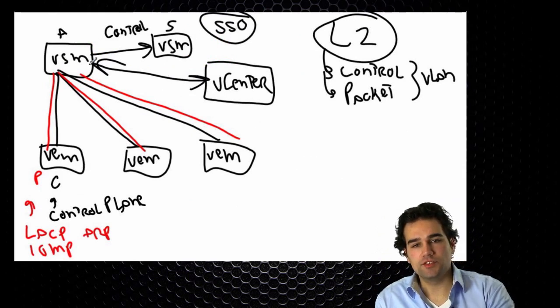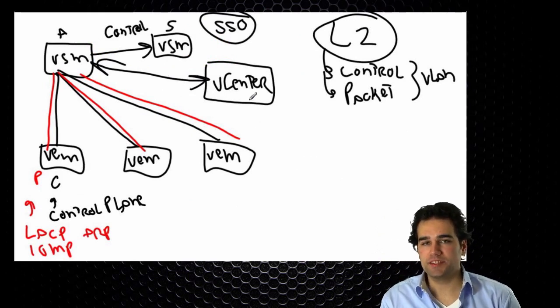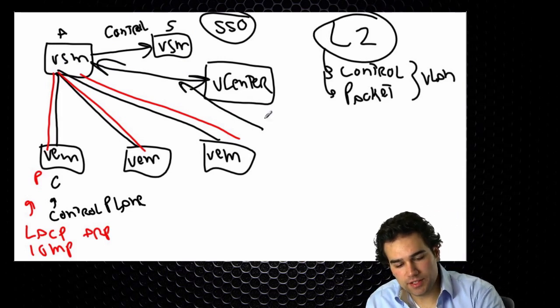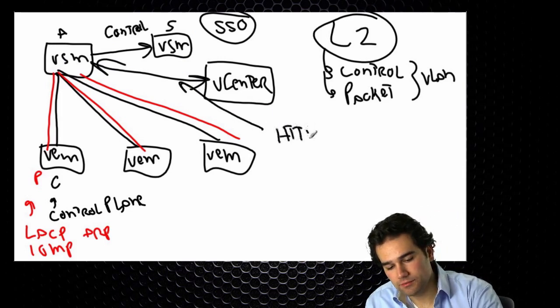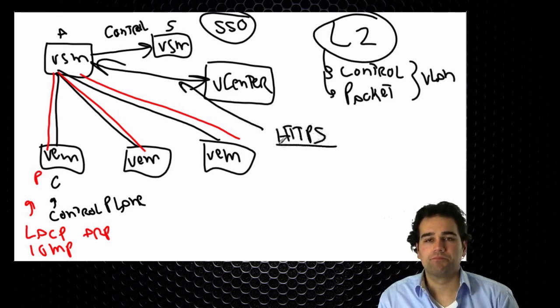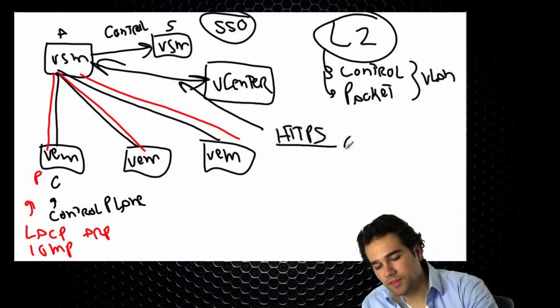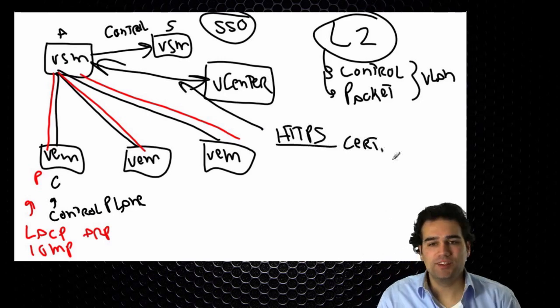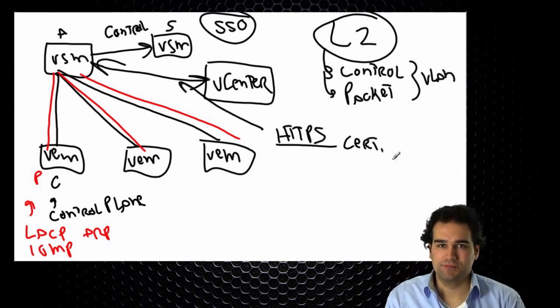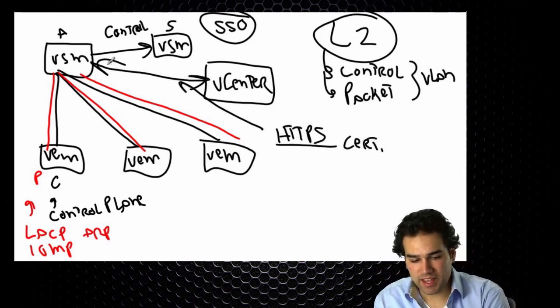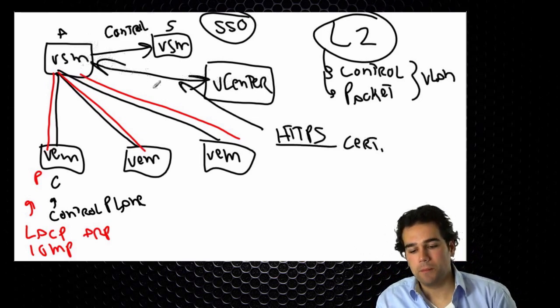The VSM needs to tell vCenter what kind of networks it has available, for example. This connection is an HTTPS connection, so SSL. And the problem with that is the certificate. We need to exchange the certificate between the two. So this can be an IP connection that's running across the management connection.